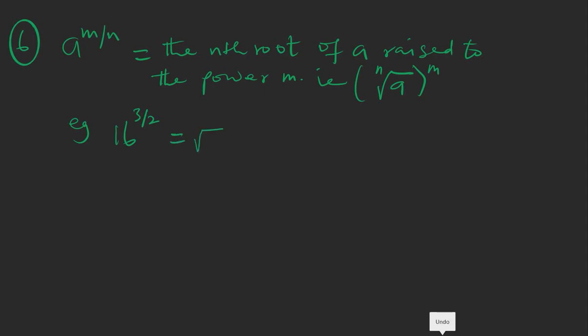An example is 16 raised to the power 3 over 2. This one is the second root of 16, or 2 root of 16 raised to the power 3. This is the same as root 16 to the power 3, which is equal to 4 to the power 3, and is equal to 64.